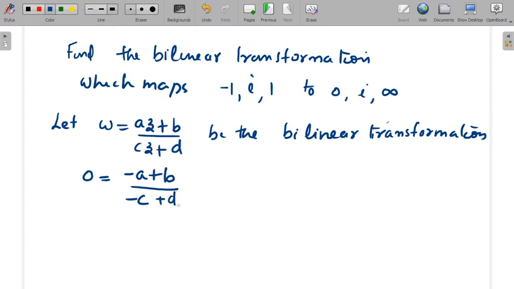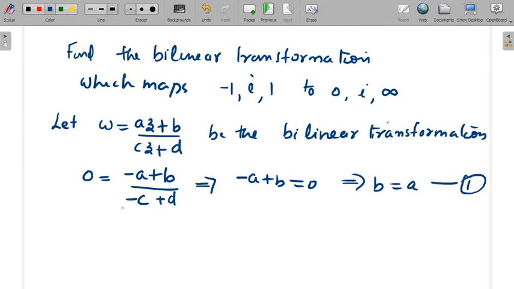Z is given the value minus 1 and there the value of W should be 0. And for this to be 0, we know it implies minus a plus b equal to 0, which implies b equal to a.